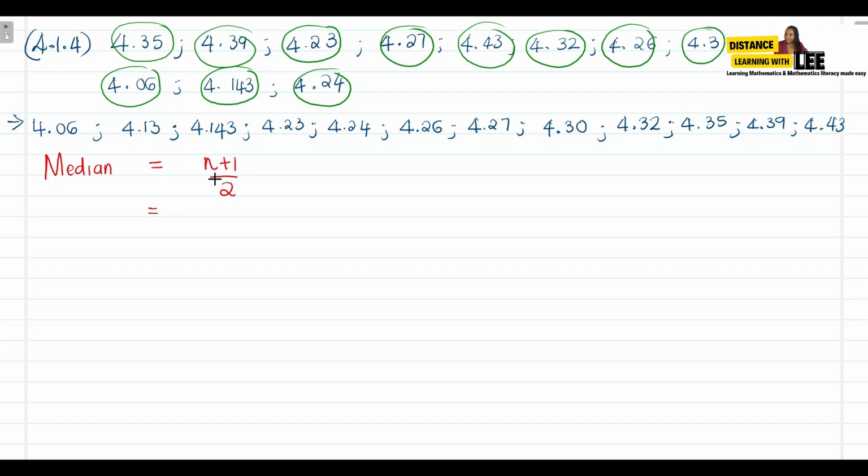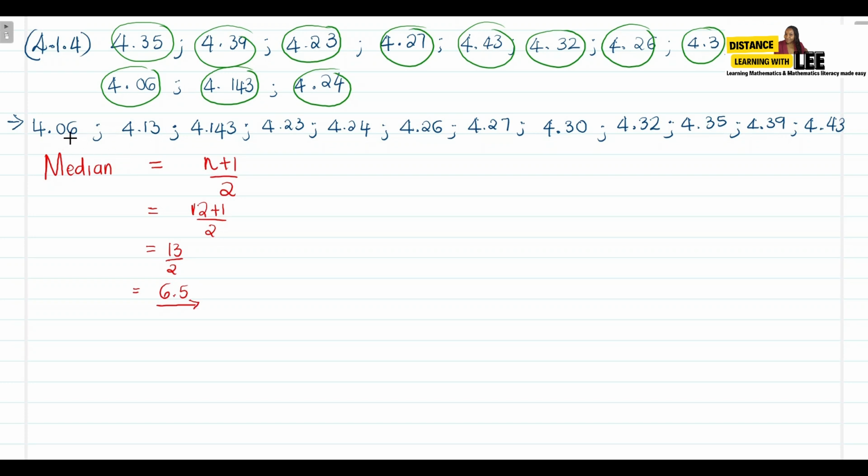This n, how many data values do we have here? We've got 1, 2, 3, 4, 5, 6, 7, 8, 9, 10, 11, 12. So you're going to put the 12 plus 1 divided by 2, okay? So 12 plus 1 is 13 divided by 2. So 13 divided by 2 is 6.5, right? So this median, the middle value, is in the 6.5th position, okay?